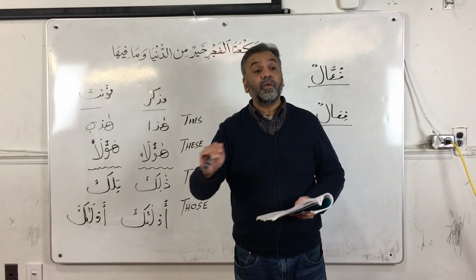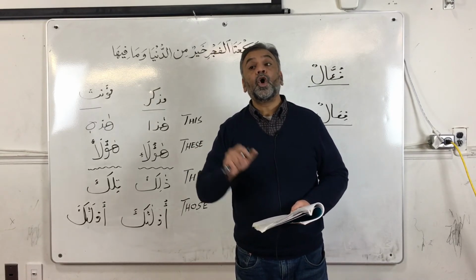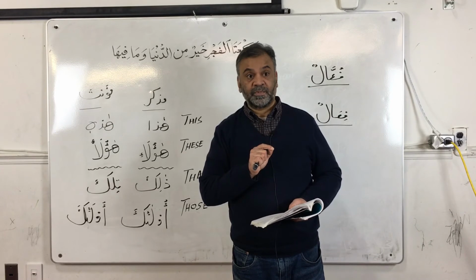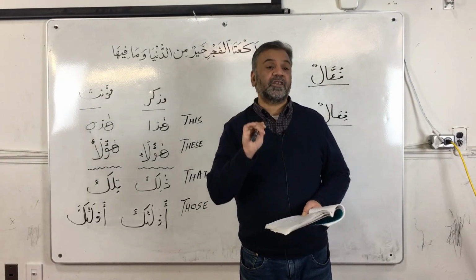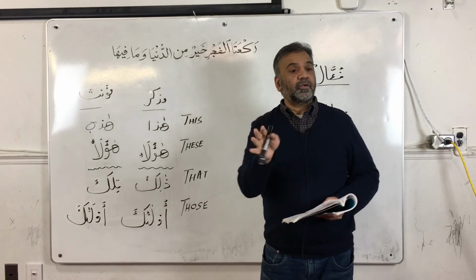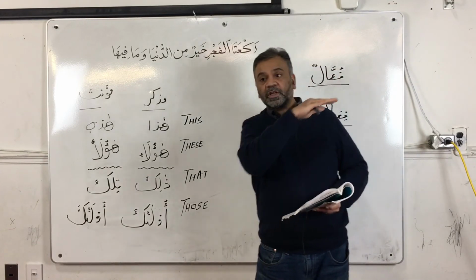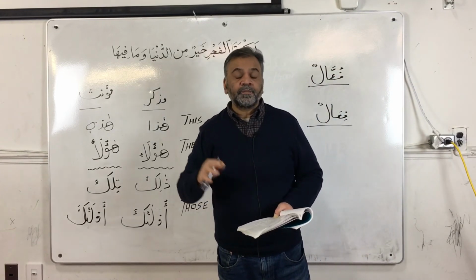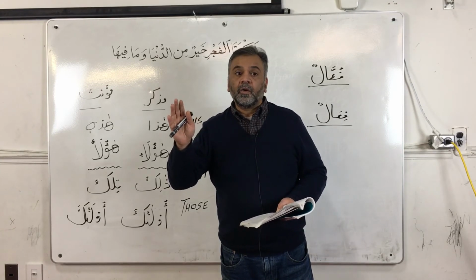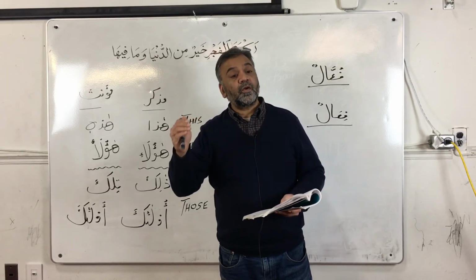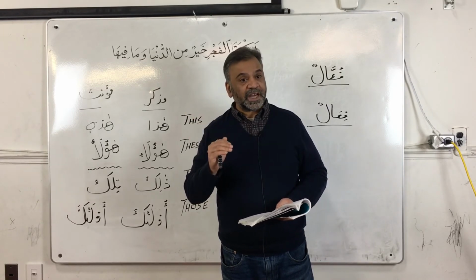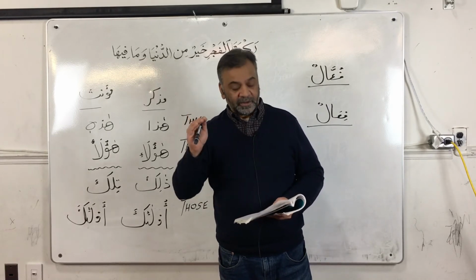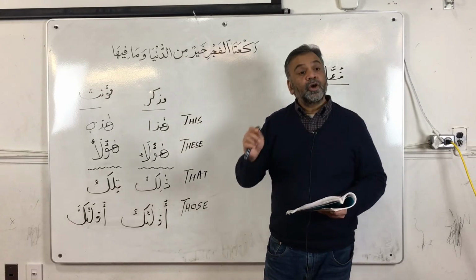Huwa will convert into hum. Huwa, huma, hum. We are not dealing with duals at this time. We will discuss dual in the later part of the book. Huwa is singular and hum is the plural form. Third person, masculine gender, plural. Hum hujjajun.